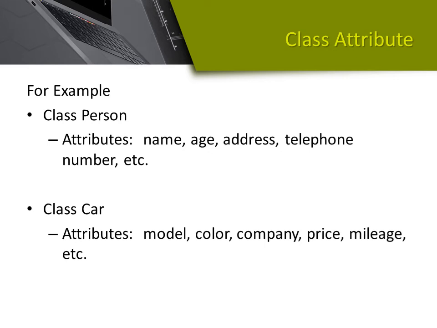Let us understand the concept of class and object in more detail. Consider an example of class car with attributes like model, color, company, price, mileage, etc. Whenever you create a new object representing a car, memory location will be allocated to store model, color, price, mileage of that object.